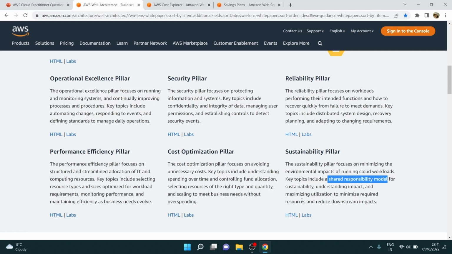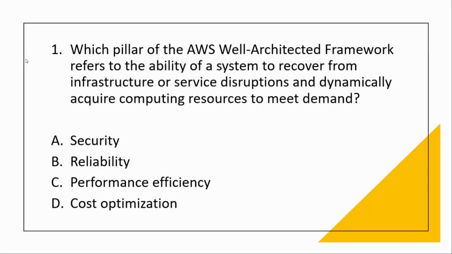Understanding the impact and maximizing utilization to minimize required resources. How can you have the max utilization? Like, how can you sustain well in the cloud is about the sustainability pillar. Okay, so these are the six pillars, and these are very important from the exam point of view. Coming back to our question, the answer we have seen is reliability.